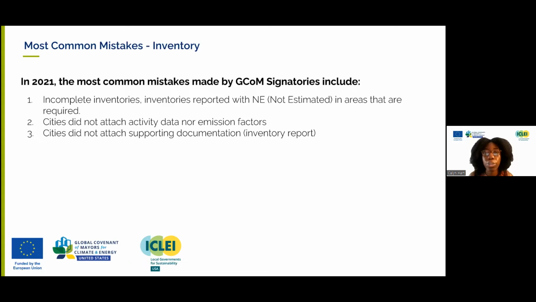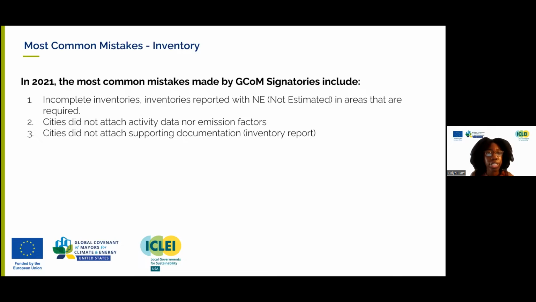And so you'll need to use either not occurring or included elsewhere. And again, it's fine to use the not occurring notation key for most of those sections that you just don't have emissions for, and especially if they are emission sources that are negligible.